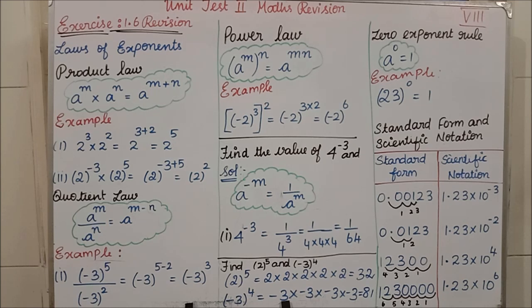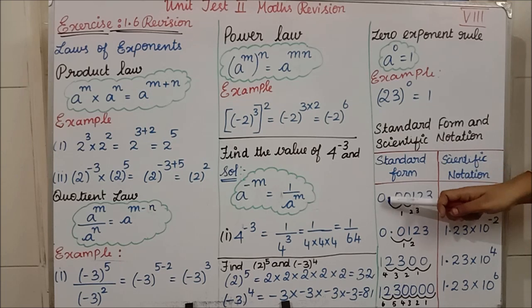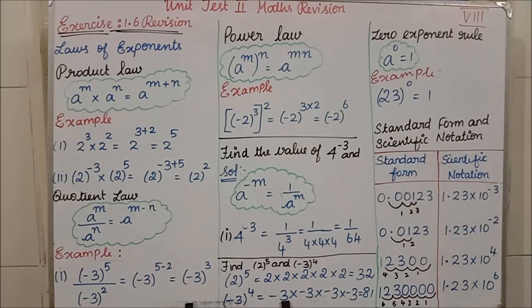After any number, it can be 1, it can be 2, after that only you have to keep the decimal. So you have to move the decimal. First we have to see where the first non-zero number is.